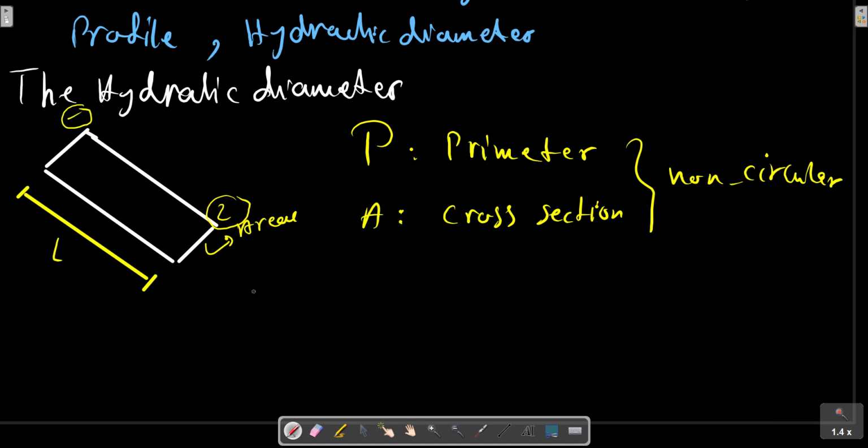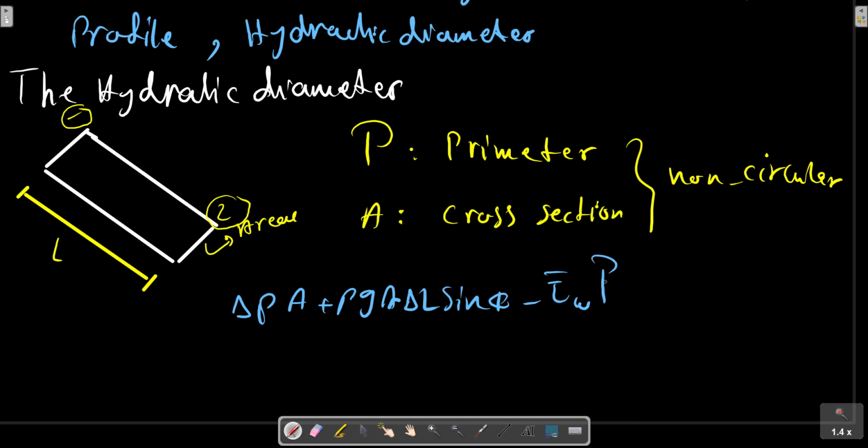The momentum equation contains force components. The first force is due to the pressure difference. The second is due to the volume of fluid weight, and the shear stress forces that act on the wall, multiplied by the wetted perimeter P. In equilibrium the sum should equal 0.